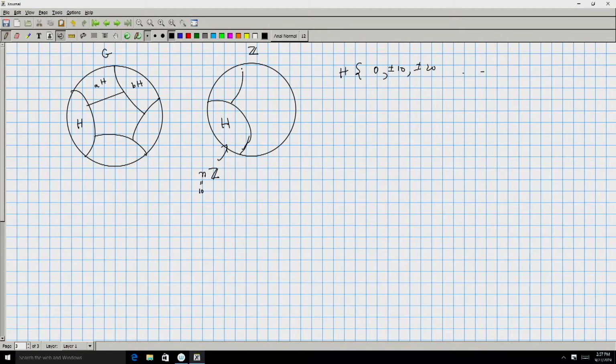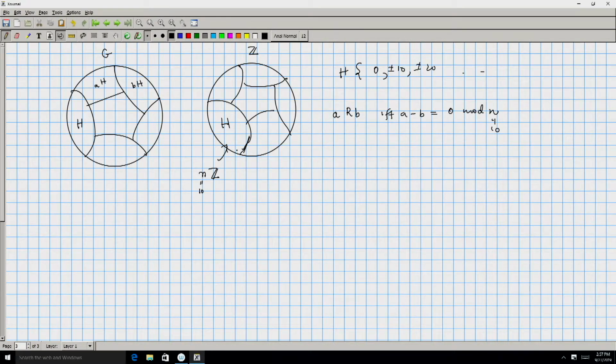Now these cosets are basically the equivalence classes, where A is related to B if A minus B is equal to 0 mod n. Here n is 10. We had seen earlier that we could add and multiply these equivalence classes themselves. So the cosets could themselves be added and multiplied.